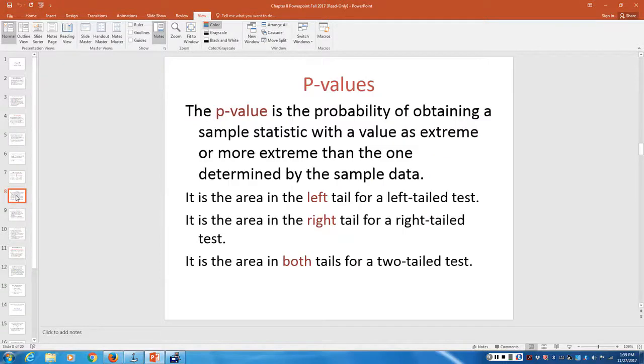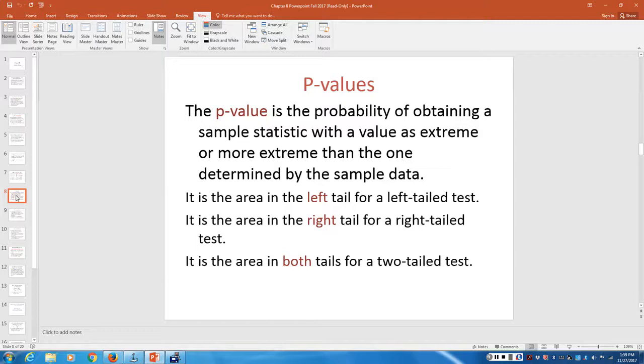Now, what is the p-value? The p-value is the probability of obtaining a sample statistic with a value that's as extreme or more extreme than the one you got from the sample. Extreme means as far from the mean as you got.